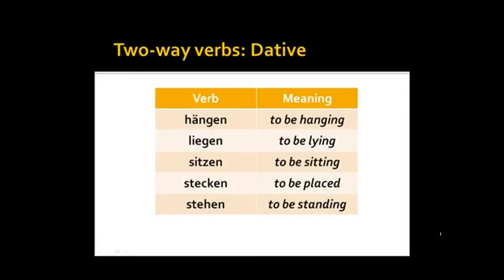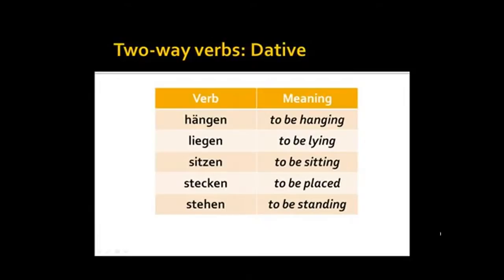So hängen is to be hanging on a vertical surface. Liegen is to be lying on a horizontal surface. Sitzen is to be sitting in a chair, on a bench, on the ground. Stecken is to stick something, to insert, to place something into something.